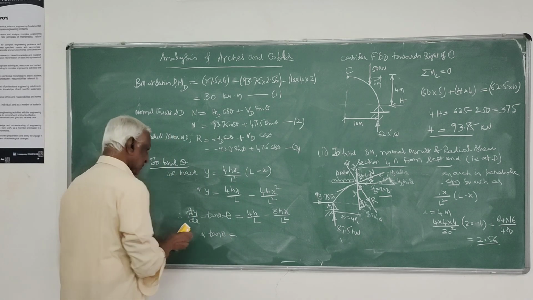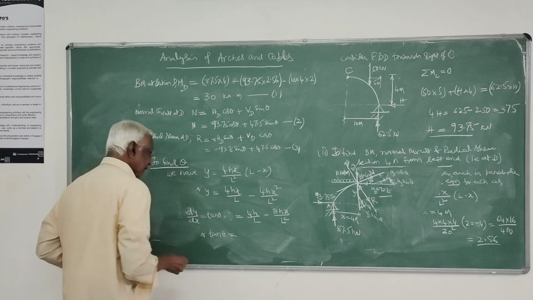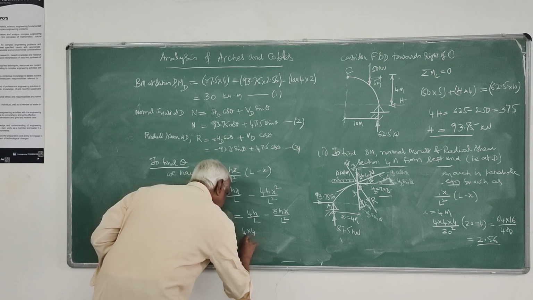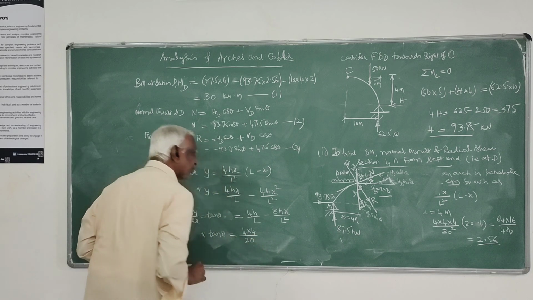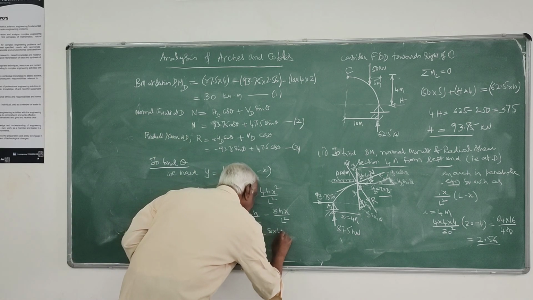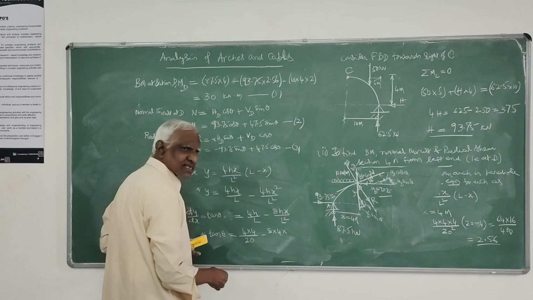So tan theta equals 4h by L minus 8hx by L square, where h is 4, L is 20, and x is 4, because we are determining at x equal to 4.